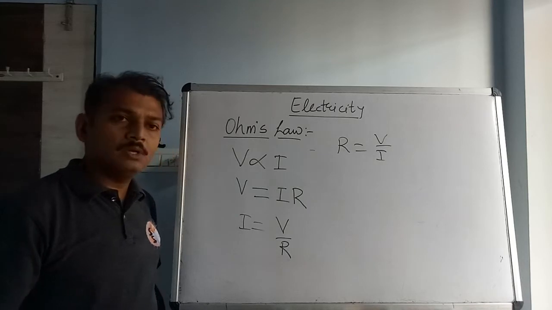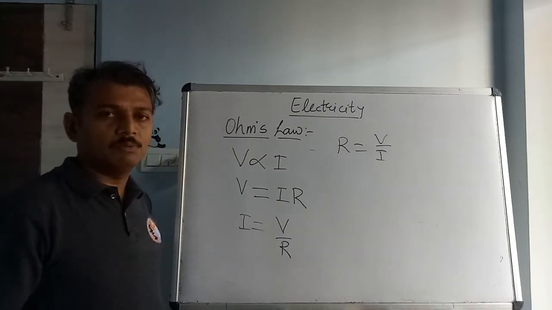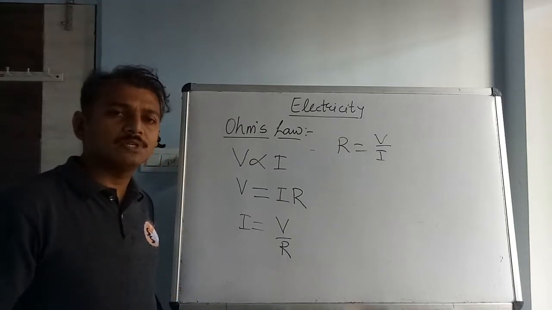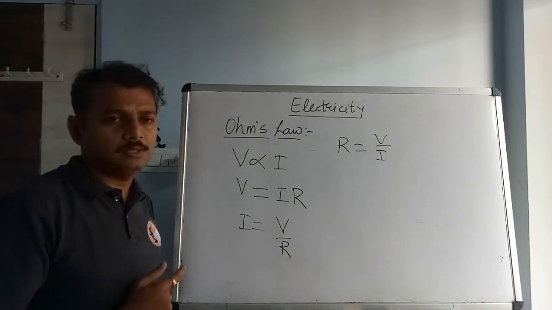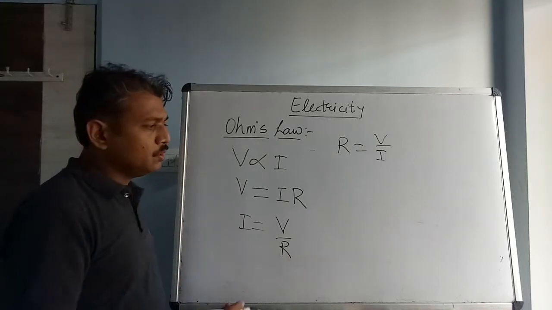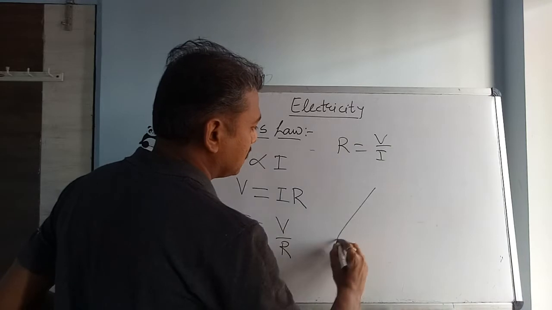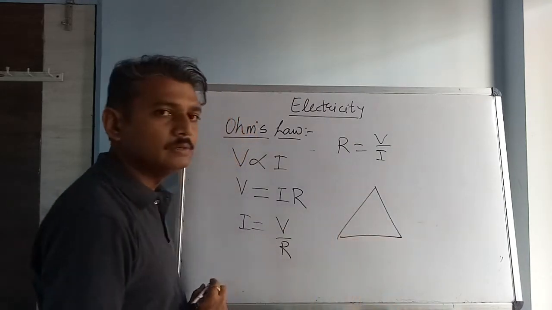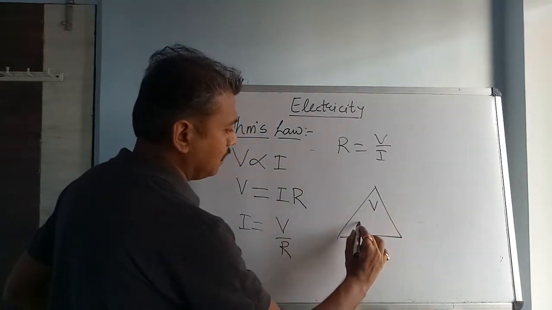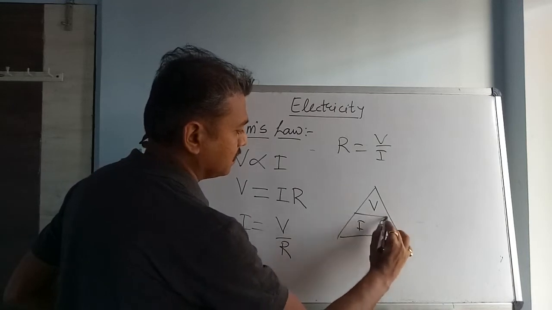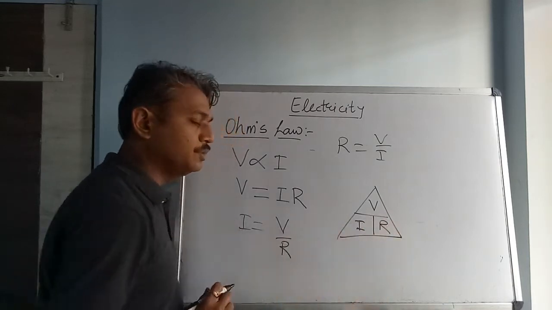But I can tell you one very easy trick to remember all these 3 equations. The trick is you have to make a triangle and write V, I and R in this way. No need to learn these formulas by heart.